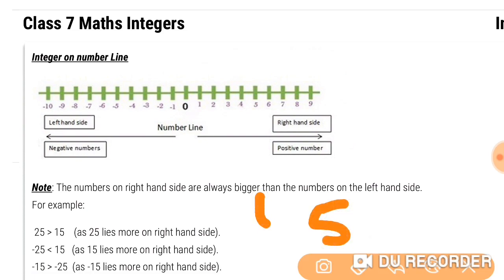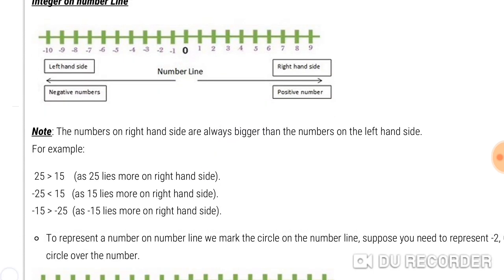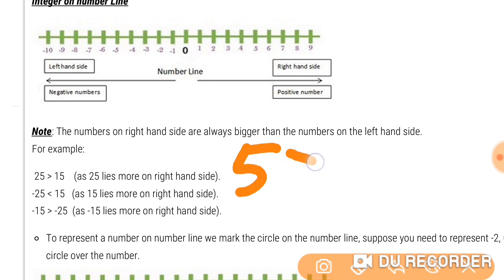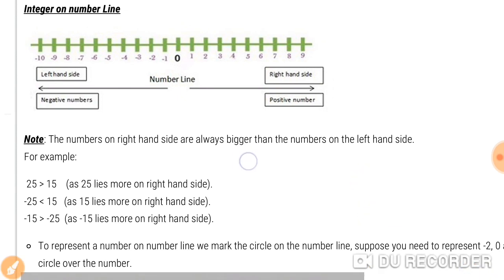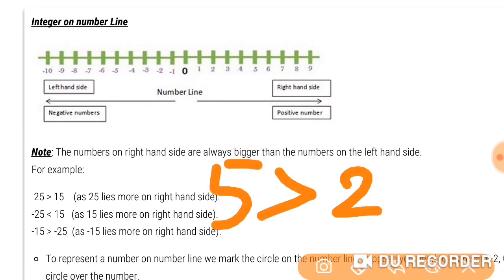5 is greater than 2. Why is it? Because see the pictures. 5 is here, so 5 is right side of the 2.